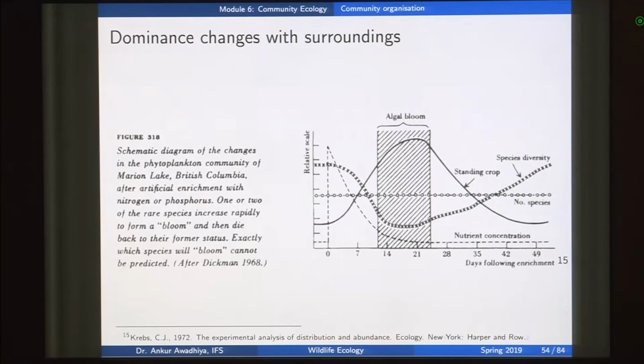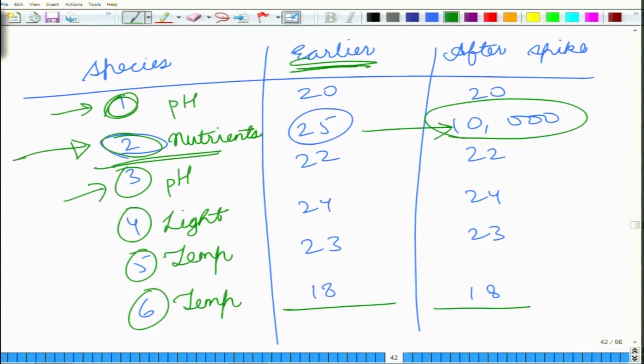So, this is how dominance changes with the surroundings. Earlier, when you did not have this spike of the nutrients, in the earlier situation, there was no species that was very much dominant. If you had to find out the community dominance index, the two most abundant species are these two.